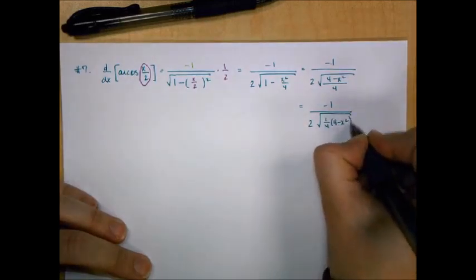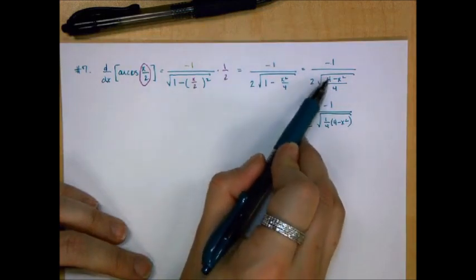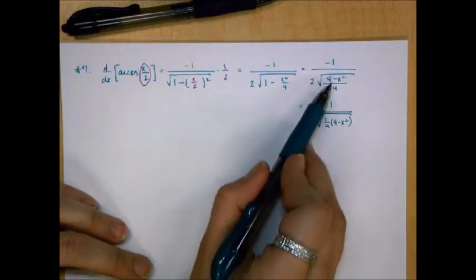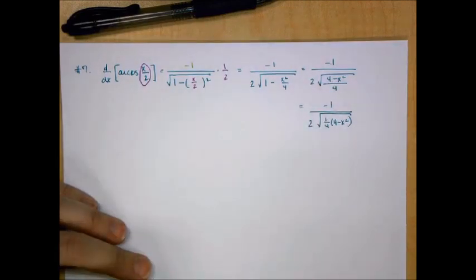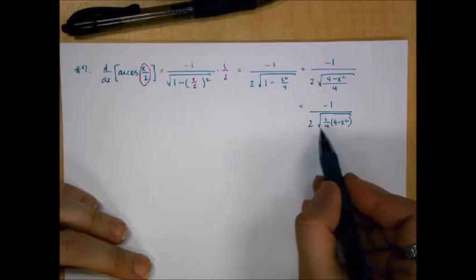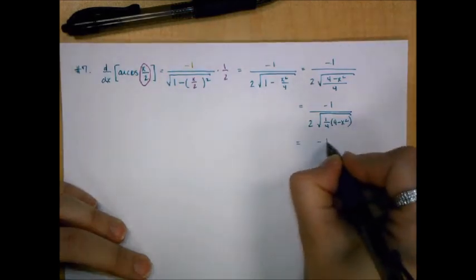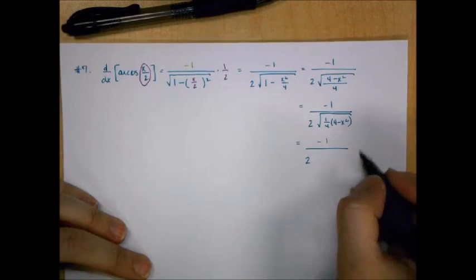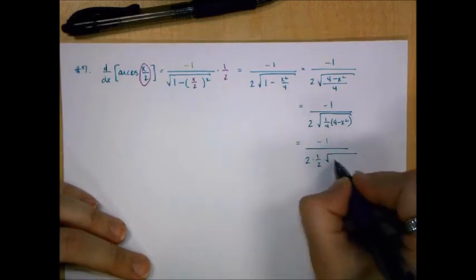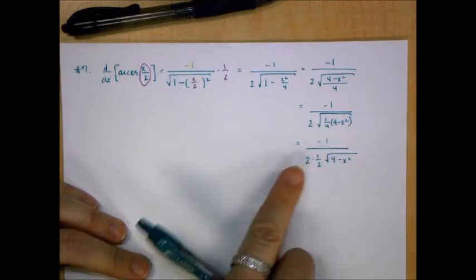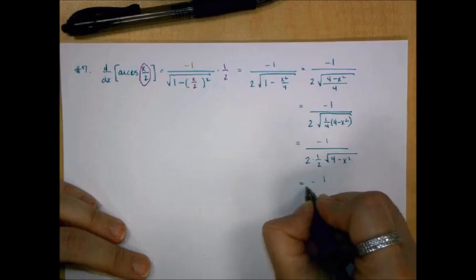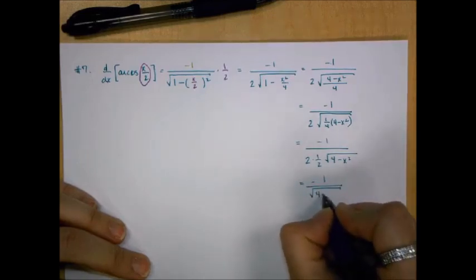Okay, so I just pulled that 1/4 in front of the 4 minus x squared. So because of the multiplication, I can actually square root the 1/4. So if I square root 1/4, the square root of 1/4 is 1/2, and you're just left with the root of 4 minus x squared. You can now reduce this to 1, and you have -1 over the root of 4 minus x squared. And that is your final answer there.